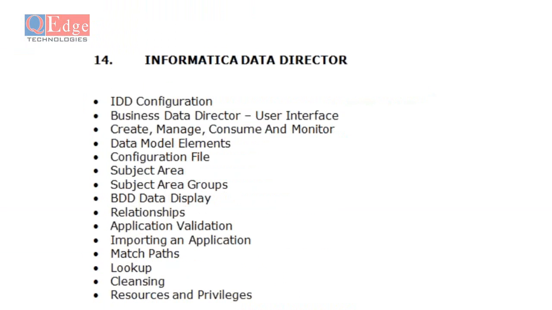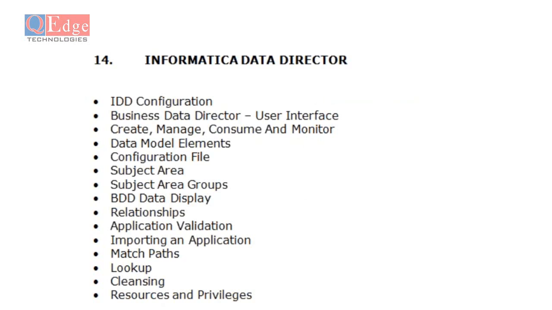And coming on to the 14th point, this talks about IDD, Informatica Data Director. Now what is IDD? Informatica Data Director is a monitoring tool that is used for monitoring the data, for matching, for merging the customers, viewing the address details, viewing the contact details, viewing the hierarchy.